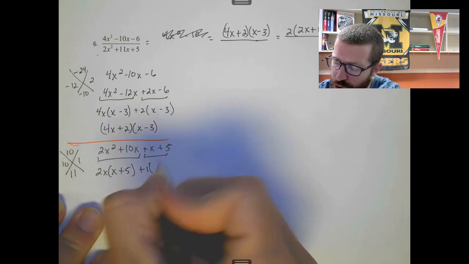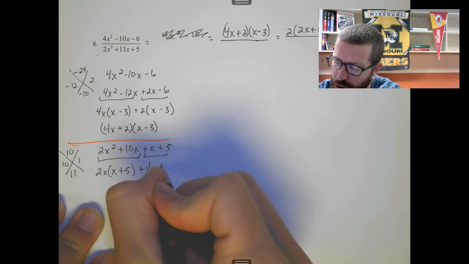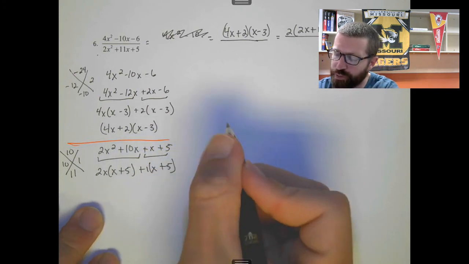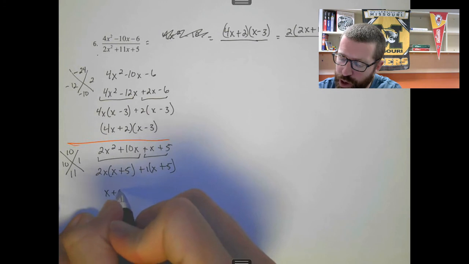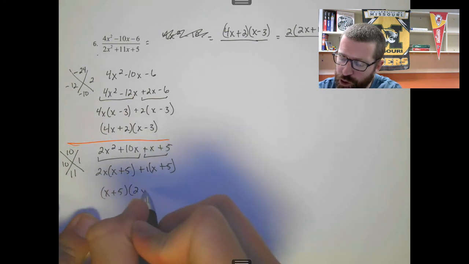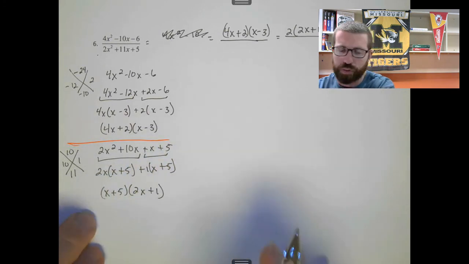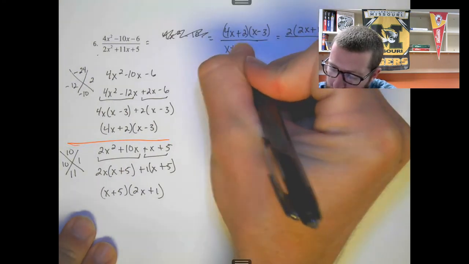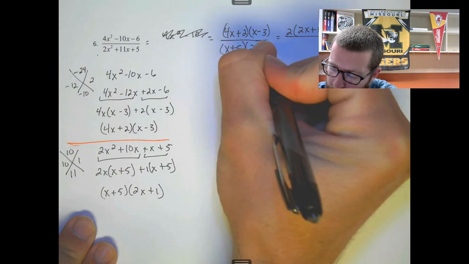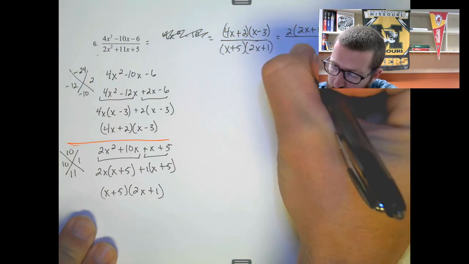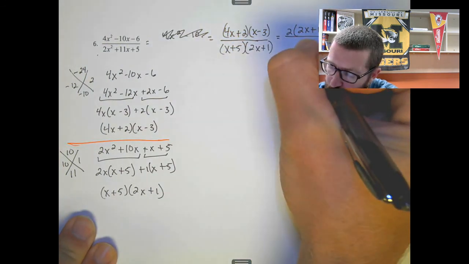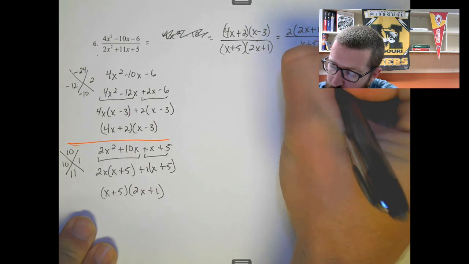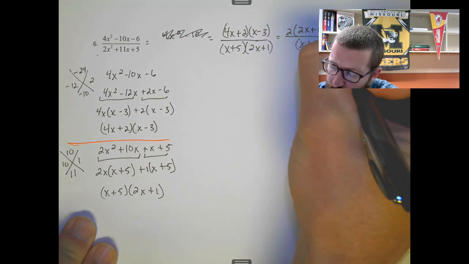Take out a plus 1 if you like to put the 1 there, or just the plus sign. And then you get x plus 5 times 2x plus 1. This is what is on the bottom. And we'll go ahead and write that over here. Okay, so everything's factored.